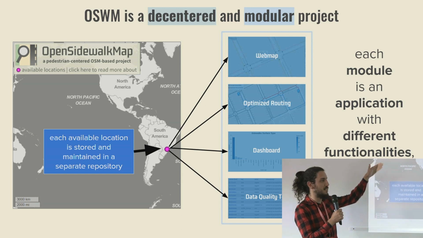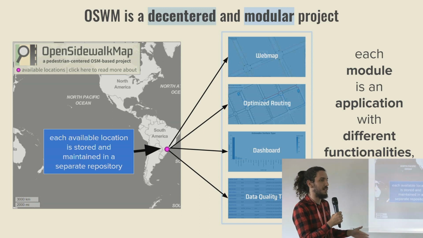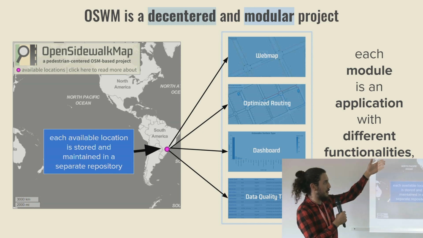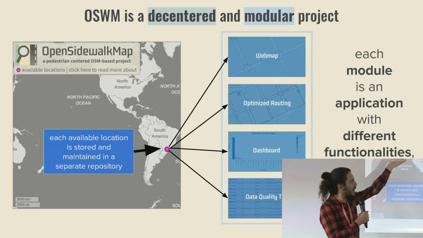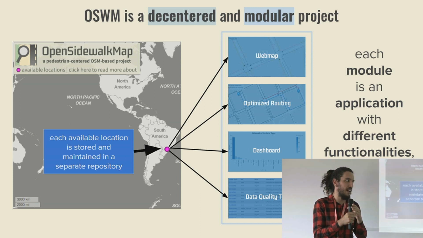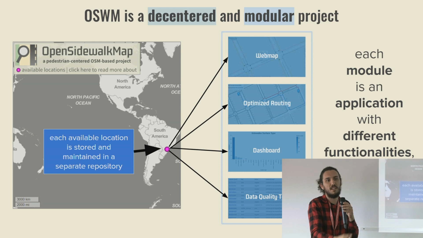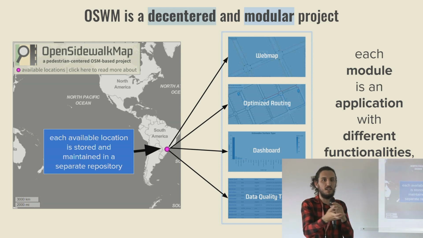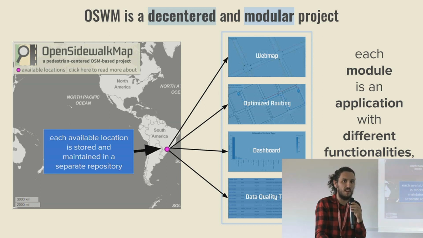Each module is a functional application for a different matter. Currently we have these four, but new ones can be added because it's modular, so the functionality concerning the whole project can be expanded.